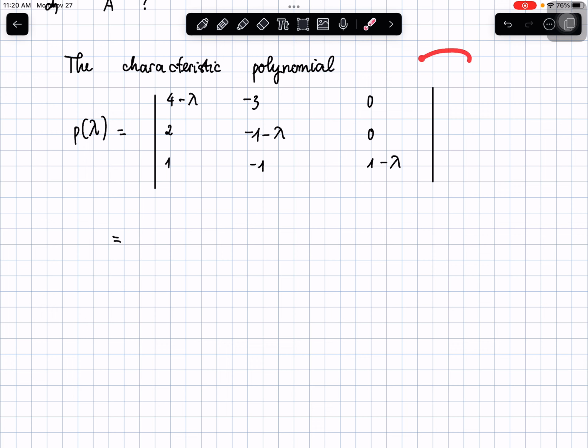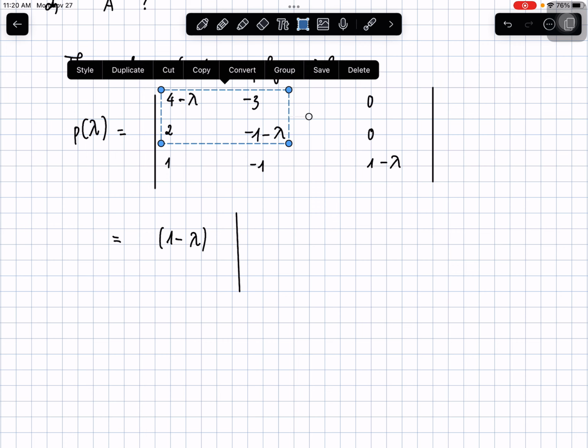Let's do cofactor expansion over the last row. We will have 2, 0 here. So lambda times the determinant of this matrix.